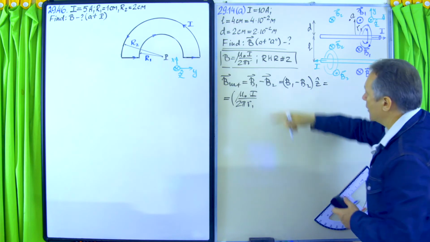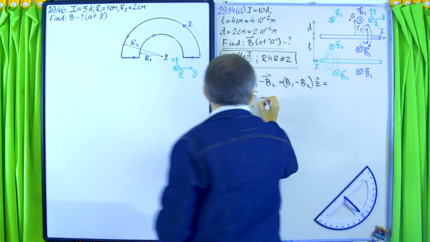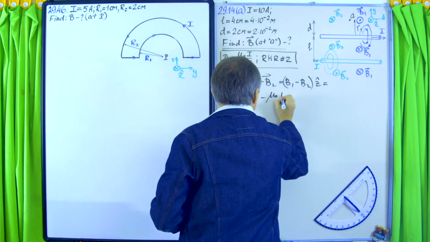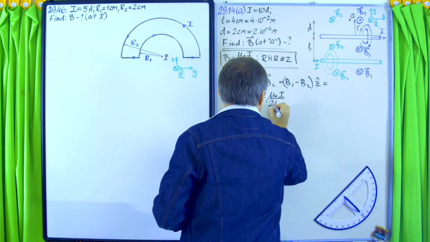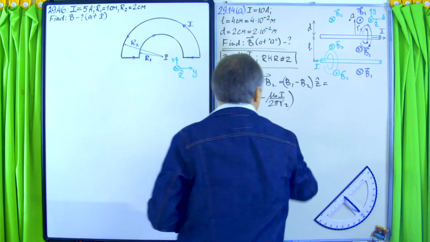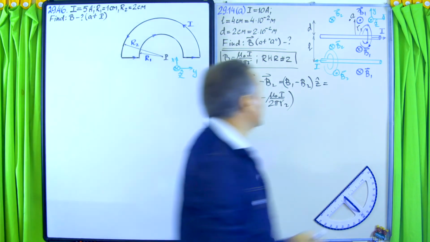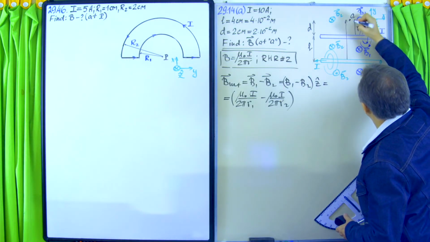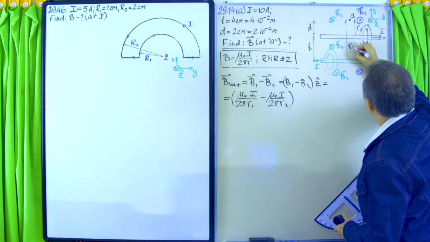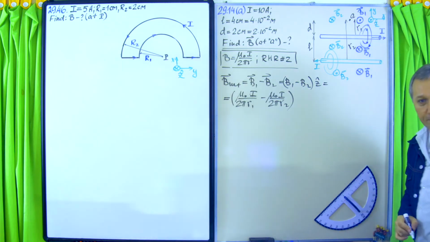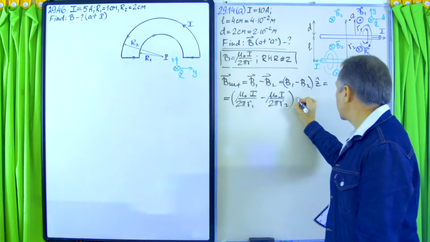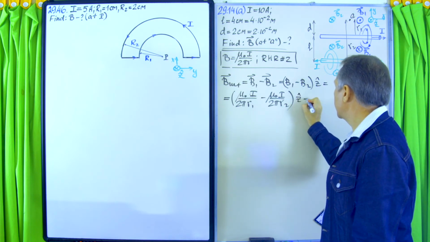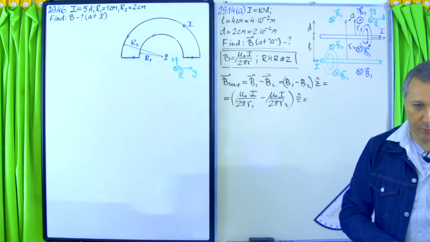And of course, now I will use R2 for the second magnetic field, 2 pi R2. Again, what is R2? It's the distance from the green wire to the point in question. So this will be R2, and of course, direction z hat, or k hat if you prefer.